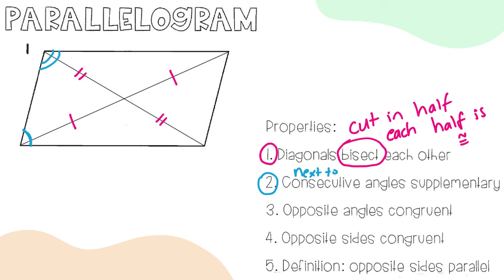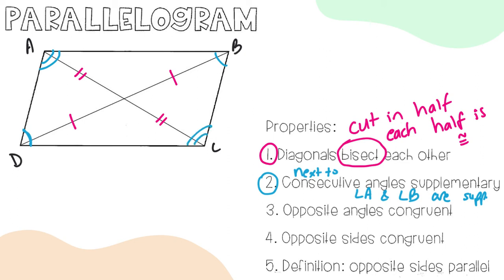I could call this A, B, C, D. And so angle A and angle B are supplementary. You also have A and D, B and C, and C and D. So they're anything that share a side.